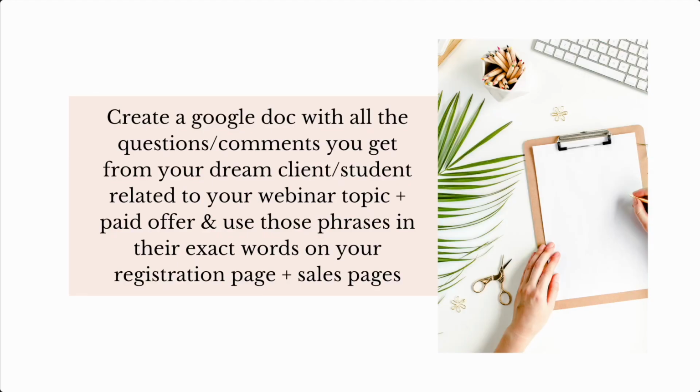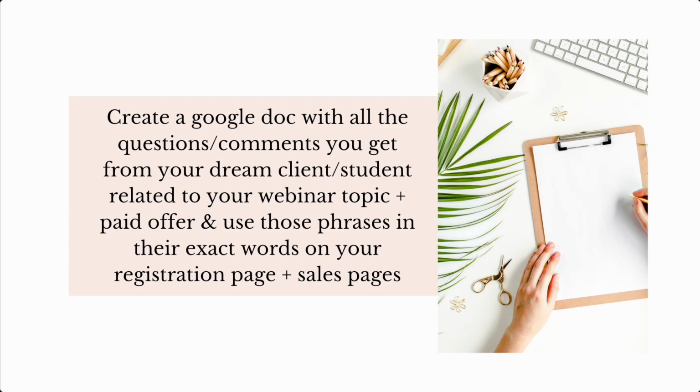What helped me tremendously with creating my webinar registration page, sales pages, and my email copy is creating a Google document with all the phrases and questions I've gotten from my dream students in those exact same words, and using those exact words and phrases when creating my copy.